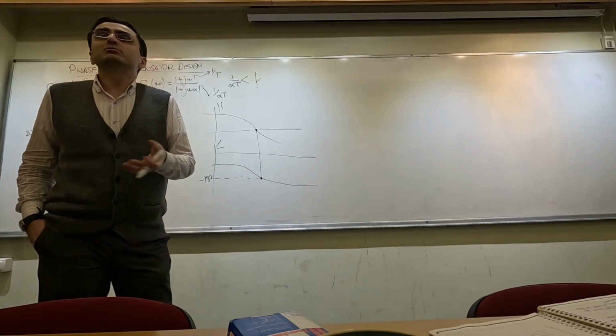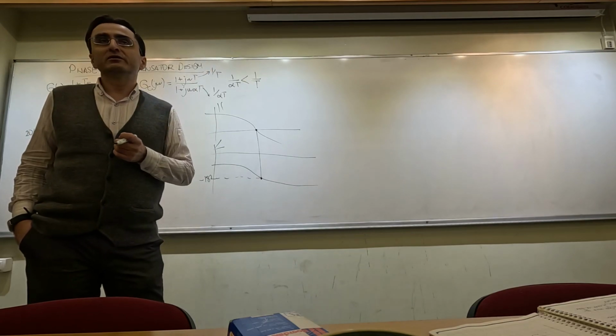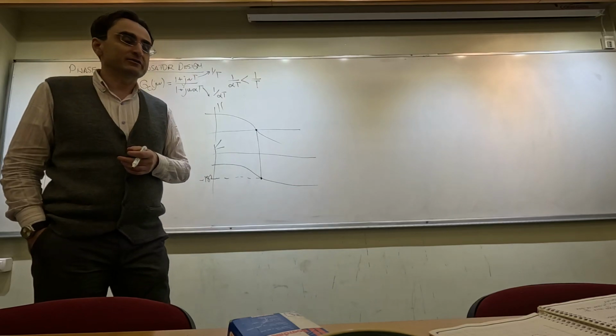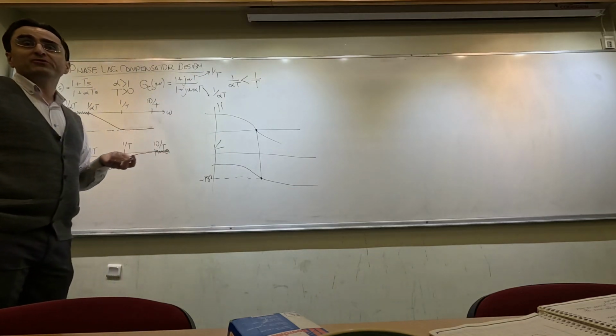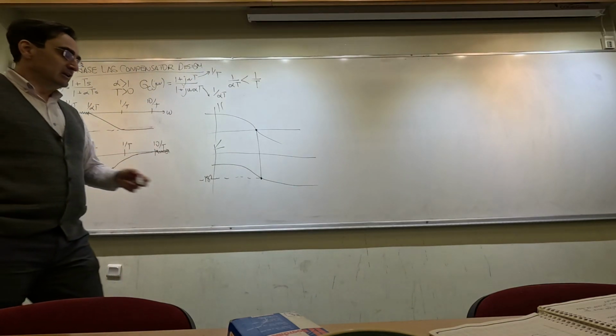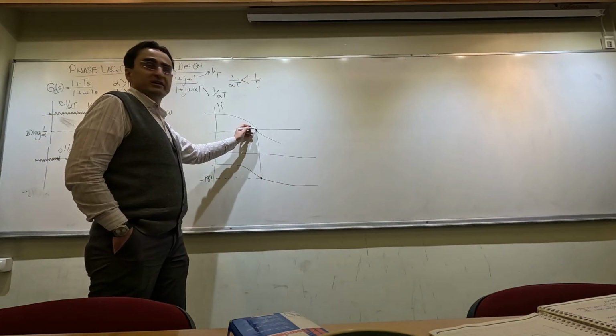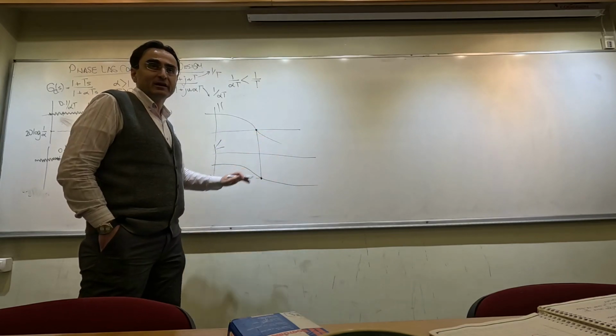Suppose that I would like to increase the phase margin to 30 degrees, or let me say 50 degrees. One idea is to use the phase lead compensator. The lead compensator would increase this phase, and it would increase the gain crossover frequency slightly.